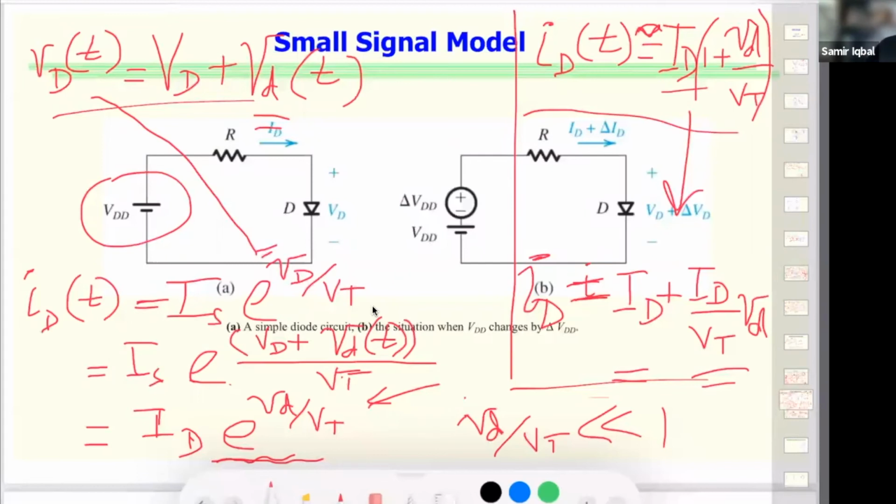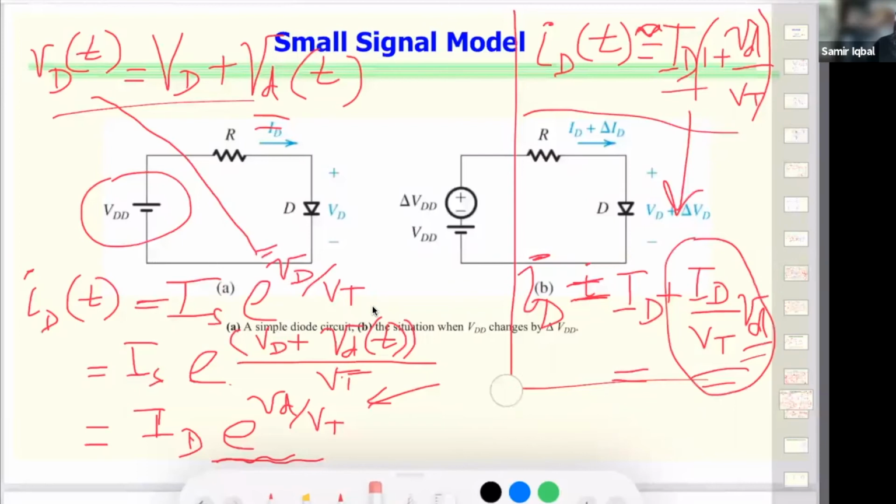Now, I_D is showing up in two of those terms. What is the significance? This part, because of this small v_d, becomes the small signal contribution in our analysis.